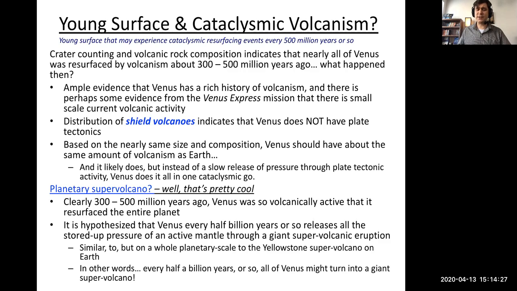The entire surface is suspected to erupt in one giant volcanic eruption, a planet-wide supervolcano. Kind of like Yellowstone is a supervolcano, but the entire planet of Venus. That releases the pressure, allows a method to resurface all of Venus all at once, and then the pressure would start to build back up. So this is suspected to occur every 500 million years or so.